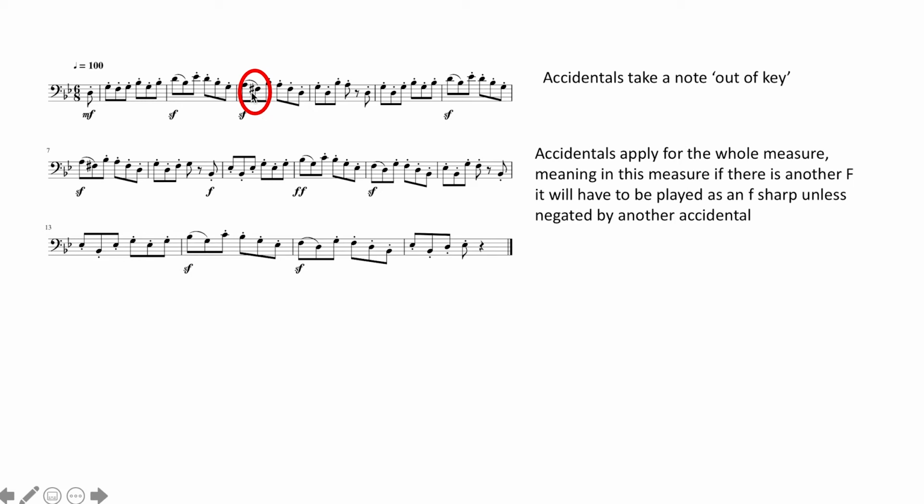It applies to the full measure. So you have to take F sharp, and then it applies here, unless there's a negation mark, which I will show you. Unless there's a negation mark, it applies to the full measure. So be careful with that. That'll trip you up. So you see the F here, and then it shows up here. So the Fs in this measure are sharp, and then they reset. After the bar line, they reset.